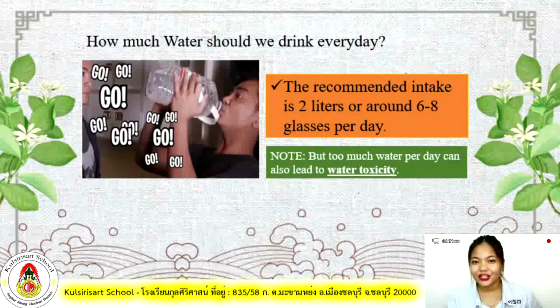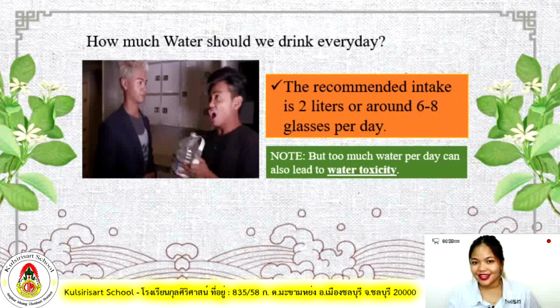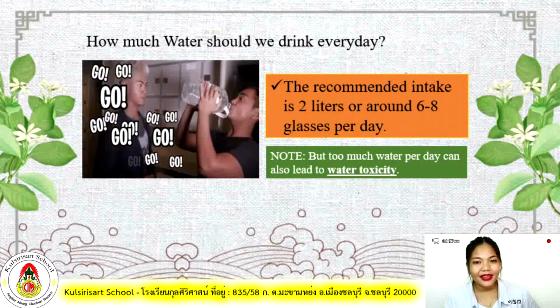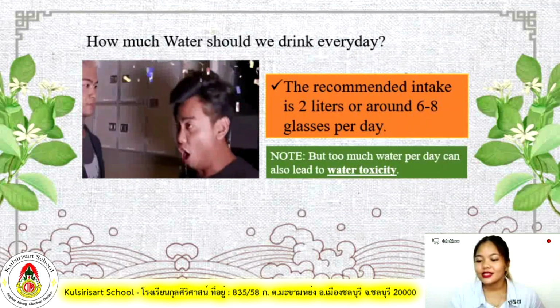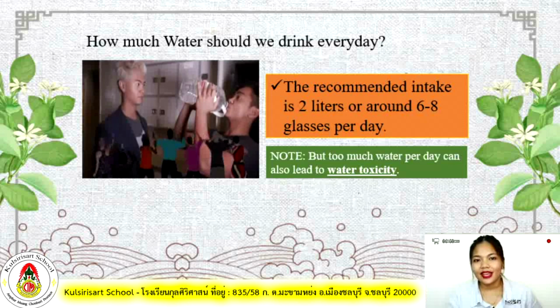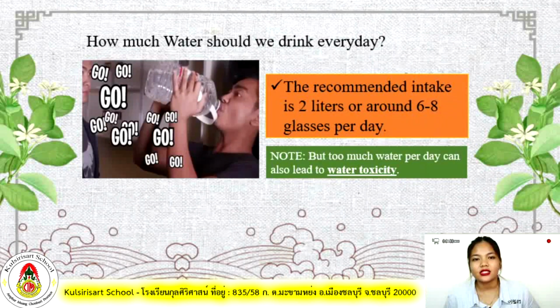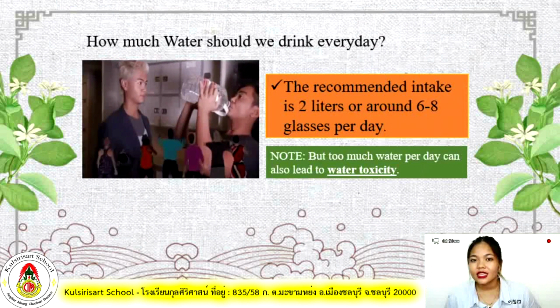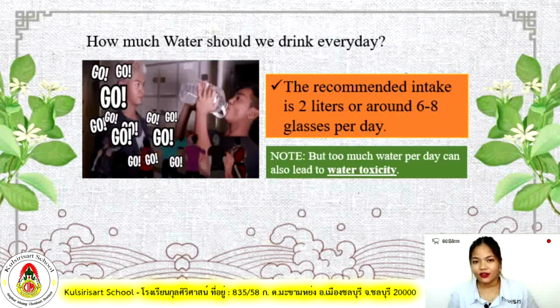How much water should we drink every day? Do you know the answer? The recommended intake is 2 liters, or around 6 to 8 glasses per day. You should not go lower than this range. You should drink at least 2 liters of water every day.